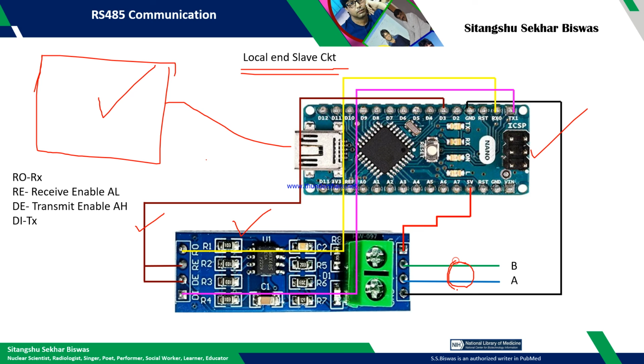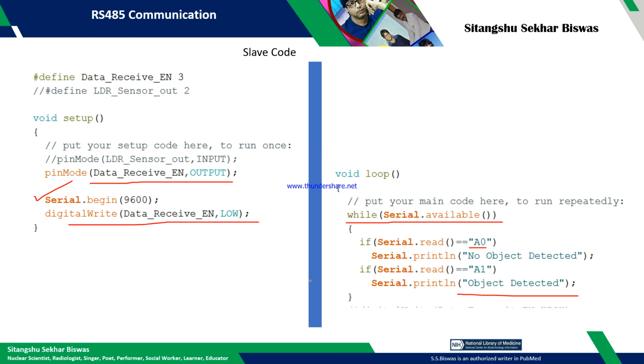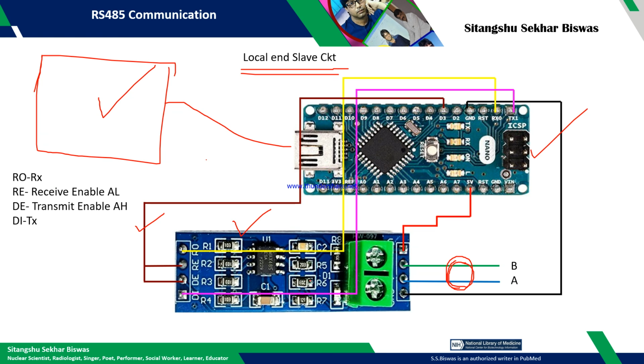In that you connect the two wires here and upload this code to this controller, and this controller you connect to your laptop or PC, open the serial port, and place some object in front of the sensor which is kept at a long distance. Then you can see the status. It will be printing whether an object is detected or not.